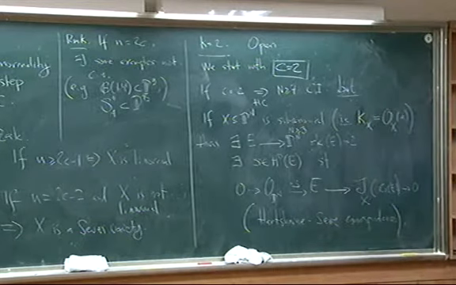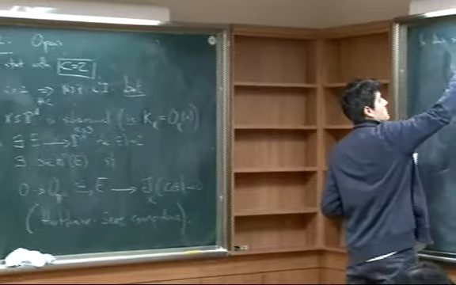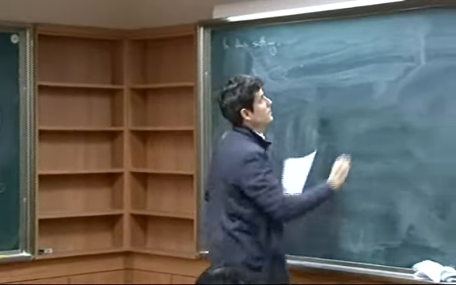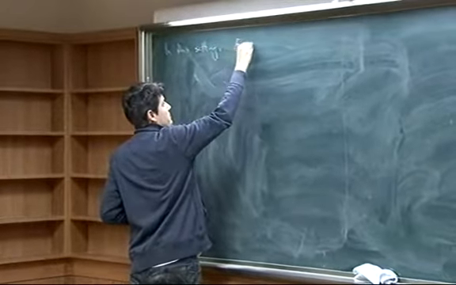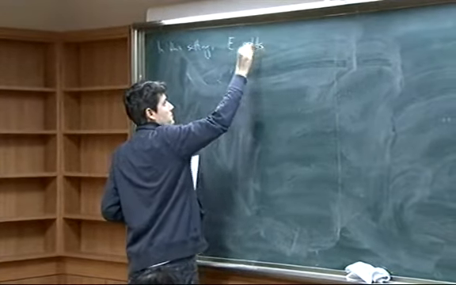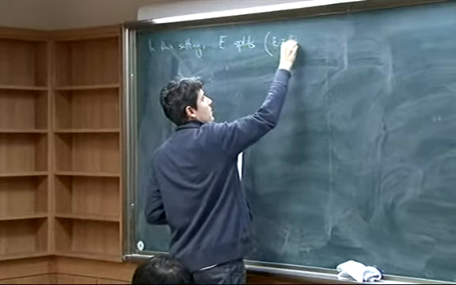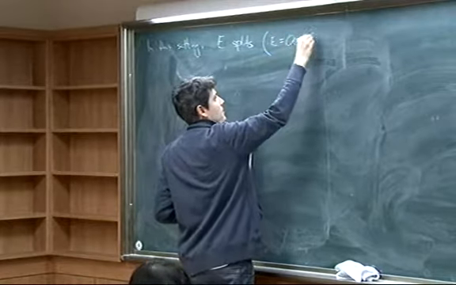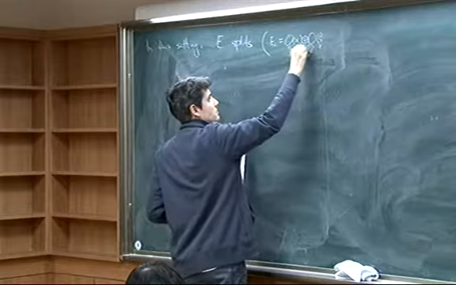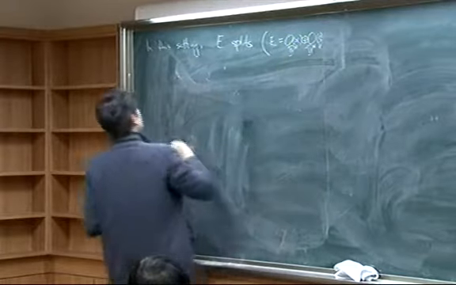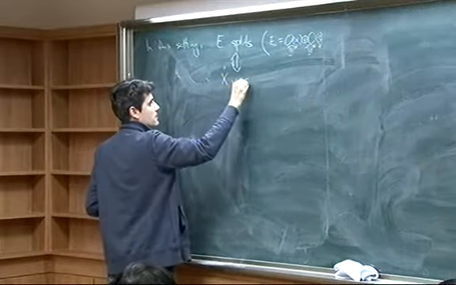And in this setting, we have that the vector bundle splits, namely it is isomorphic to O(alpha) plus O(beta) over P^n, if and only if X is a complete intersection.